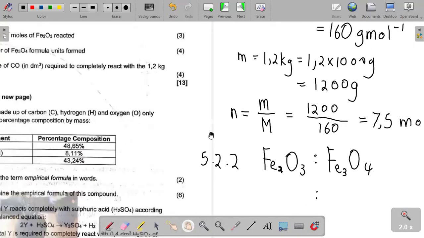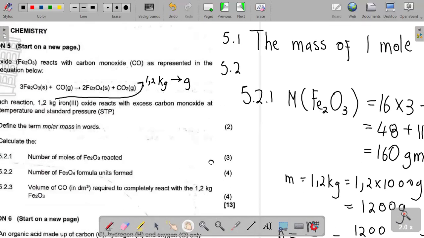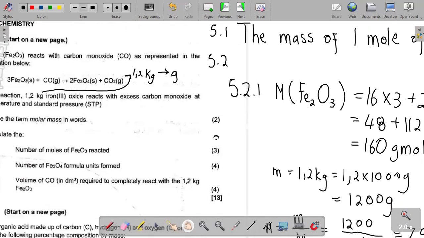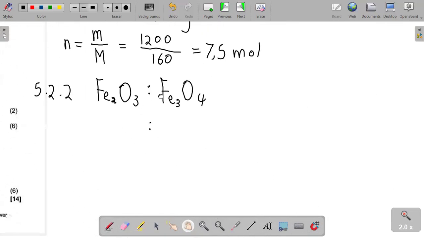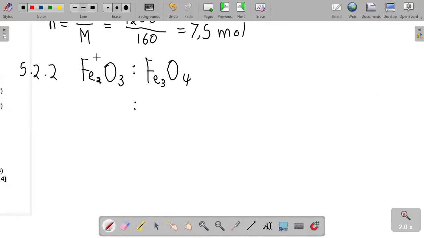The ratio between the two is 3:2. So we have the number of moles on the left. So we put 7.5 here. And then we don't know the number of moles on the right. So we put X. So in order to find X, we cross multiply.